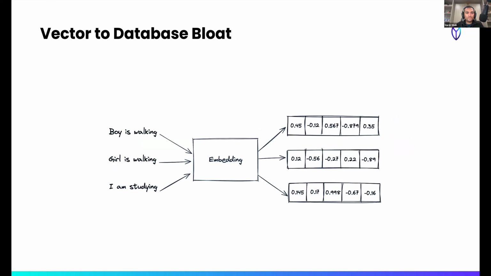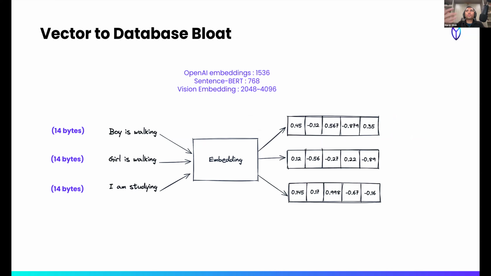The reason why is because let's say you have these three phrases over here: a boy is walking, a girl is walking, I'm studying, right? And you create an embedding out of it. When it's just that phrase, when you're storing that in a database, it's roughly 14 bytes. And now when you make it go through an embedding model, you create a vector embedding out of it.